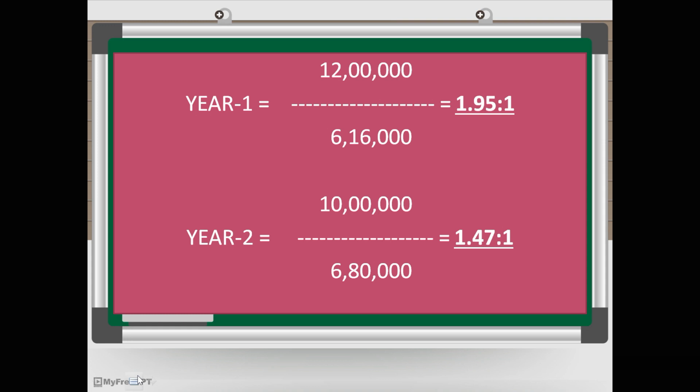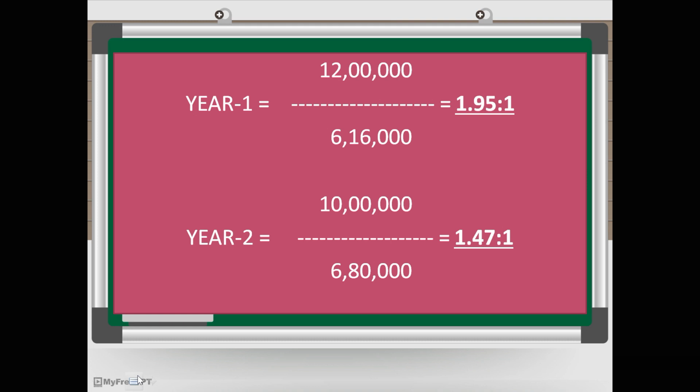Both the ratios are on a declining mode. In the first year, sales are 12 lakh and total assets we just found, this session started from there. Total assets were 6,16,000, right? Thereby, total assets turnover for the first year is 1.95 is to 1.